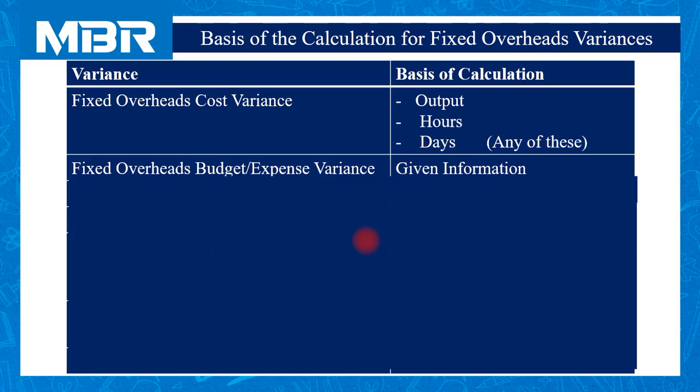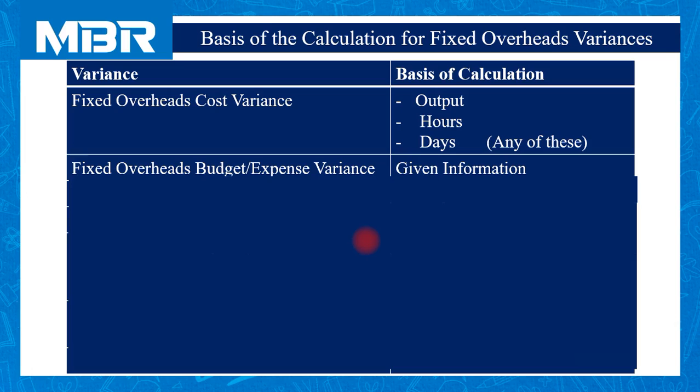You can calculate fixed overhead cost variance using any of these bases or all 3 bases. At the time of discussion of the practical, I will discuss fixed overhead cost variances using all 3 bases. Your answer remains the same irrespective of the basis used in your calculation.